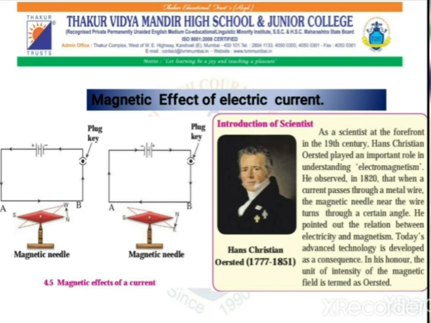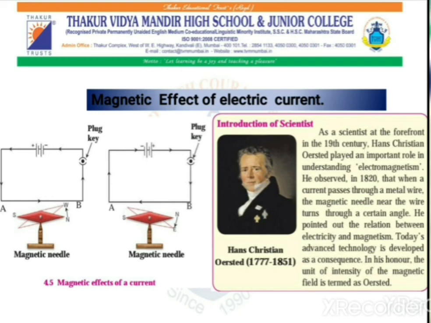Then he reversed the direction of current. In the next diagram, we can see the current is flowing from B to A. As the current starts flowing from B to A, the magnetic needle again deflects but at a different angle. So he concludes that whenever current passes through a wire, a magnetic field is formed surrounding the wire.